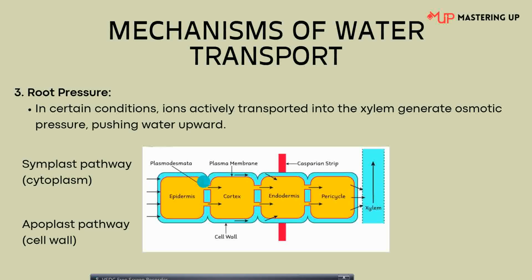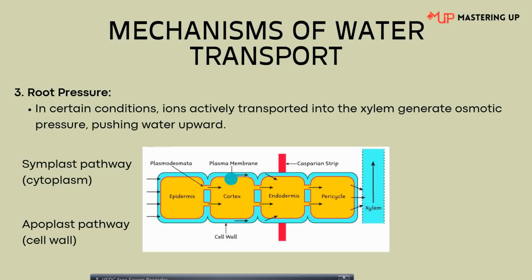But in the apoplast pathway, water is transported through the cell wall. It goes like this: epidermis, cortex, and endodermis. In the endodermis, Casparian strips are present, only in the cell wall region, not in the cytoplasm. So they block the apoplast pathway of water through the cell wall. That's why in the endodermis, the apoplast pathway merges into the symplast pathway.